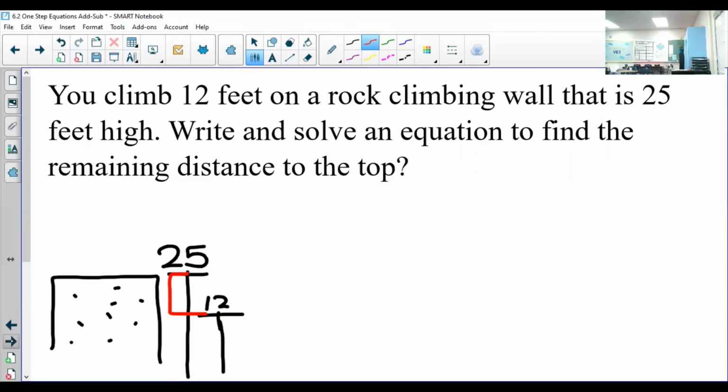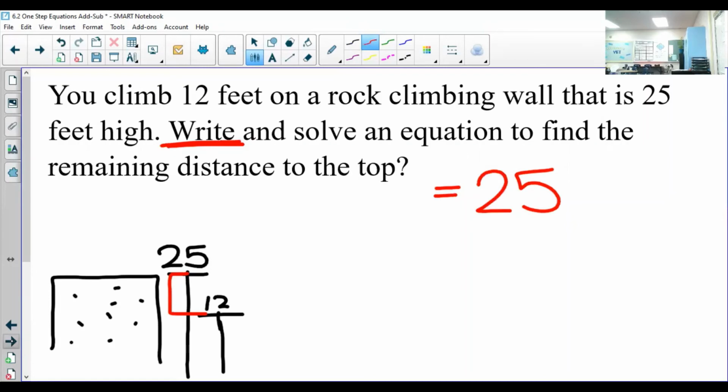So the first thing we need to do is write an equation. Okay, so let's write it out. The total length of the wall is 25. Okay, we know an equation has to have an equal sign, so let's start there. The 25 is my total, right? The total wall is 25 feet high. So is the 25 going to go on the problem side or the answer side? Well, it's going to go over here on the answer side because that's how tall the wall is.